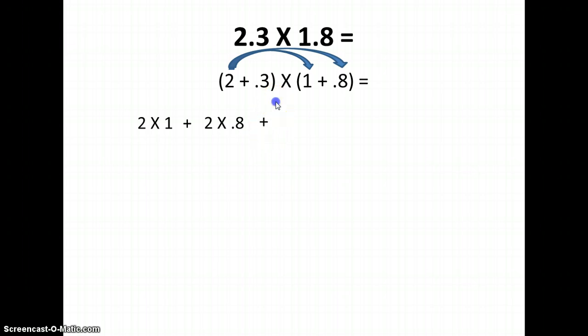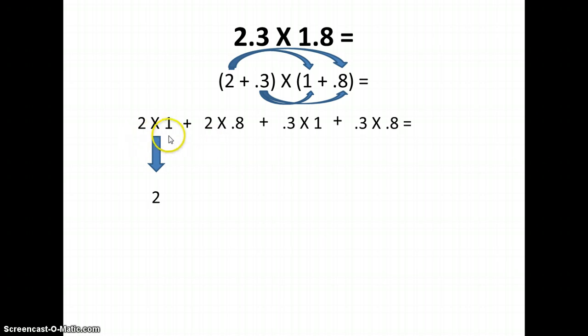Plus inner, 3/10 times 1, plus last, 3/10 times 8/10. Now we just need to go through and solve the multiplication first.